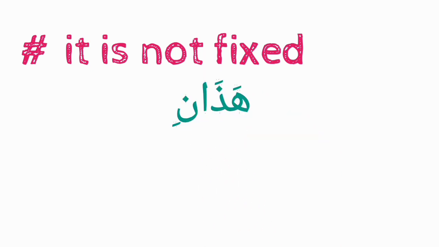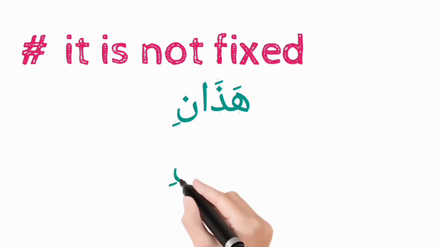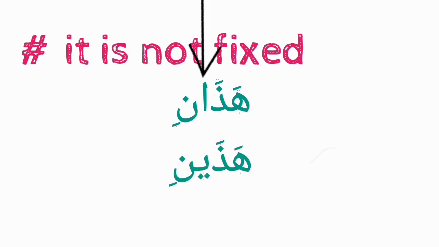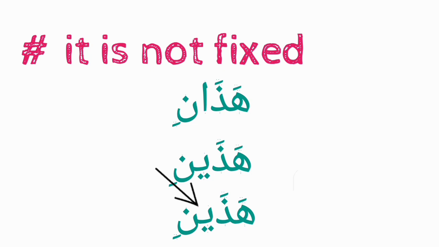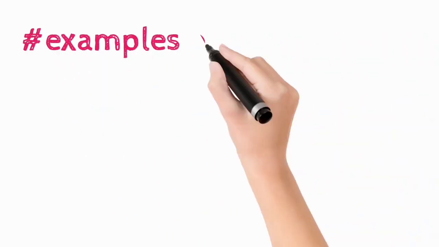Now hazani here is marfu, and the sign of it being marfu is the alif that you are seeing here. Hazaini here is mansub, and the sign of being mansub is the ya you are seeing. And hazaini is also majrur here, and its sign is the ya that you are also seeing.